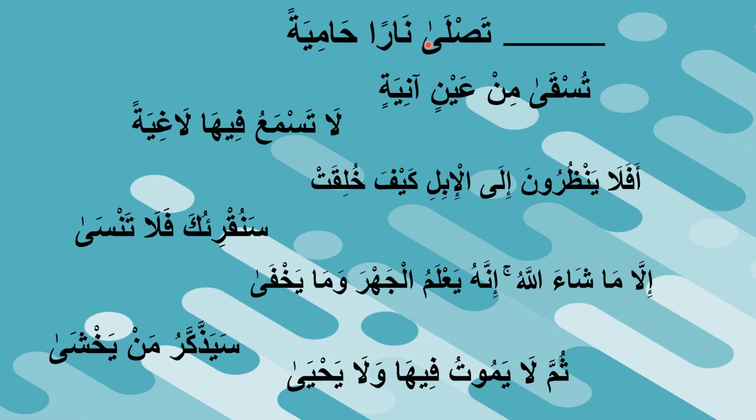Tasla has a weak letter, and how do you know that it is in marfu? First of all, you need to check if it has a tool of nasb or a tool of jazm before the fi'l mudare.